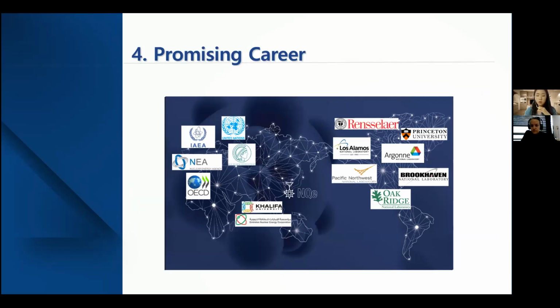There are government-funded research centers like Argonne National Labs or Oak Ridge National Labs, and we have private companies. We have universities where you can become a professor, and we also have international organizations like OECD, IAEA, and United Nations. So you have a lot of opportunities to become a leader in this field.